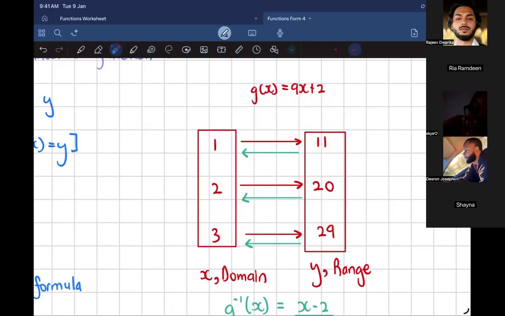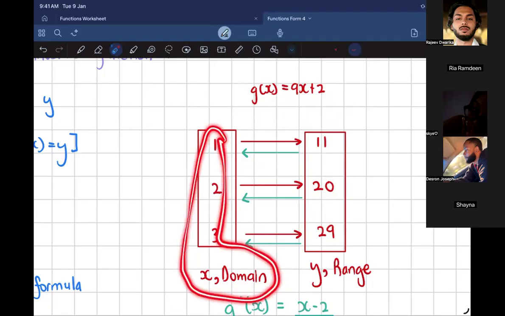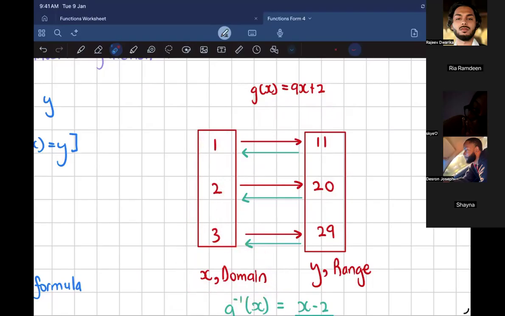So all you need to understand is that for a function, you have a set of x values. That's what you put into the function, right? Because if you put something into the function, you get an output, you get a value. If I put something into the function, wouldn't I get an answer? Yeah. Right?